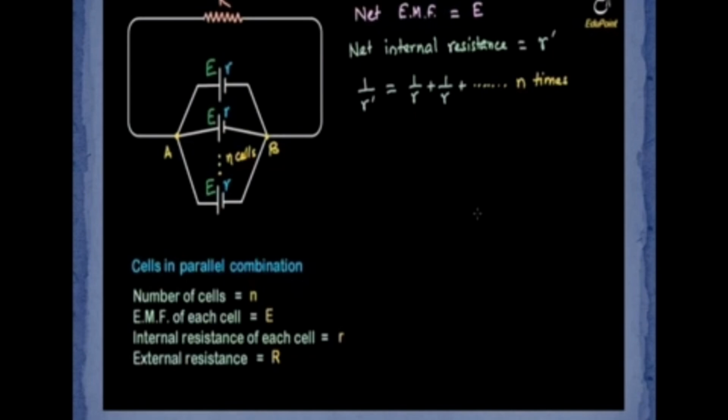Okay. So next we have to calculate the total resistance, the effective resistance. So 1 by r dash equals the sum of all the resistances: r is in the denominator, and the numerator is 1 plus 1 plus 1 up to n, so n times.